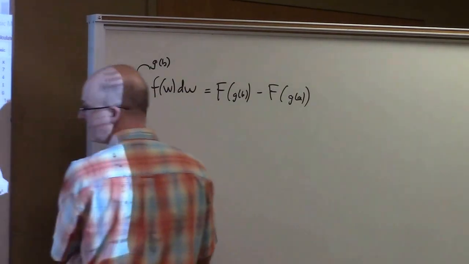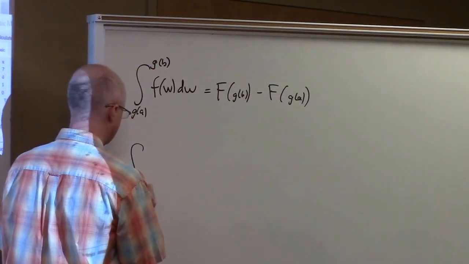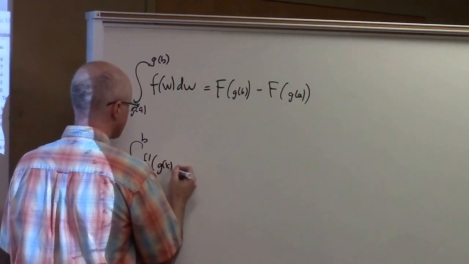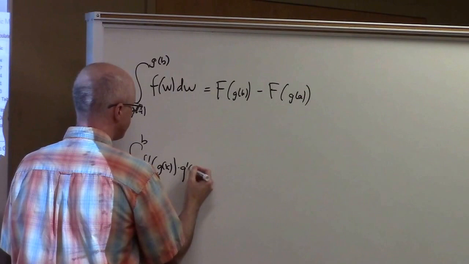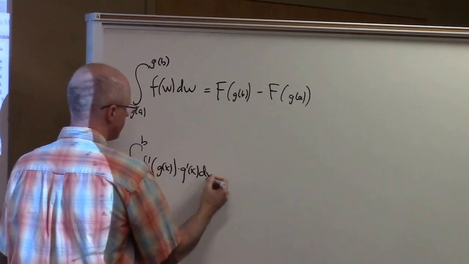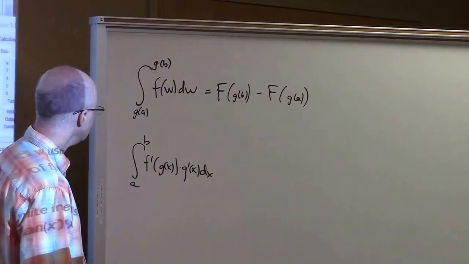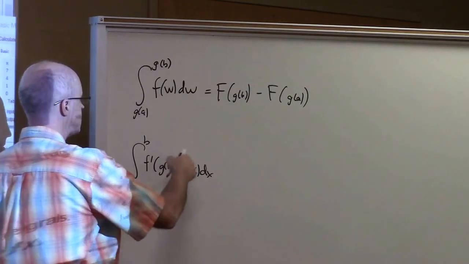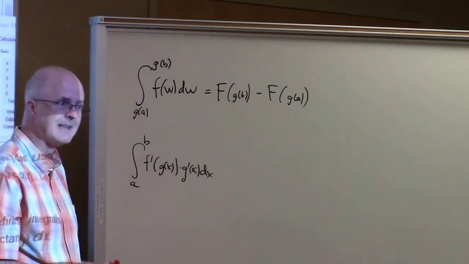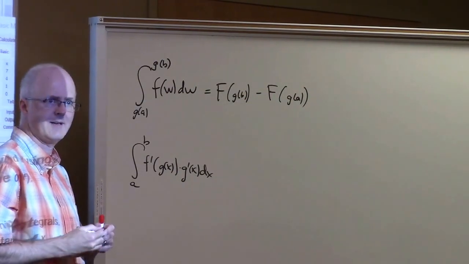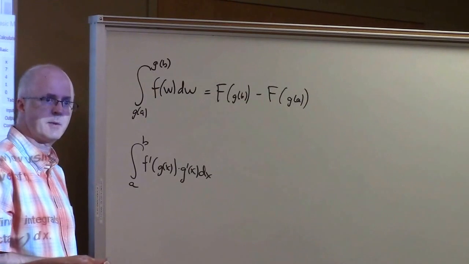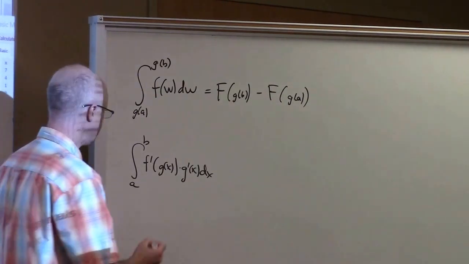What about the left side? That's more complicated looking. Does this equal the same thing? The answer is yes. Why does it equal the same thing? Partially it's the fundamental theorem of calculus and partially it's the chain rule.